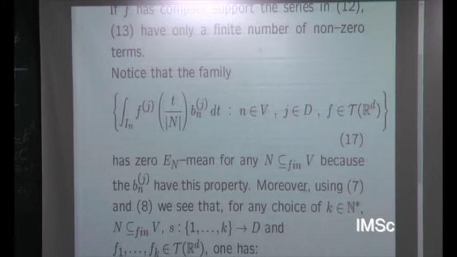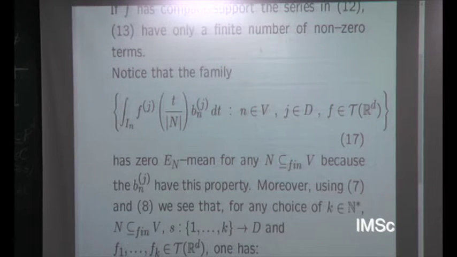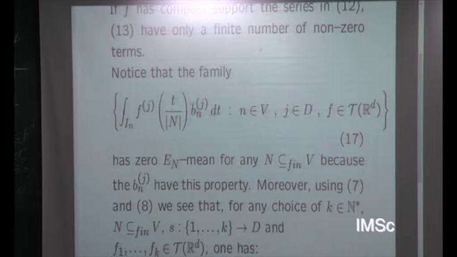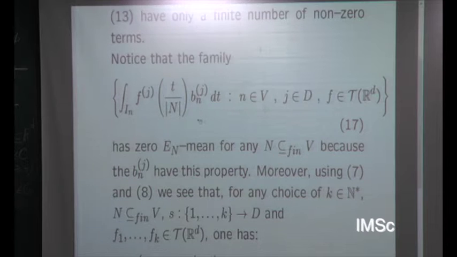So, of course, if the Bn have zero mean, also this integral will have zero mean. Because remember, B doesn't depend on T. Only the function depends on T. So it's a 0 times a constant.